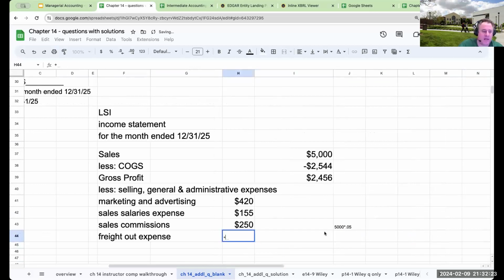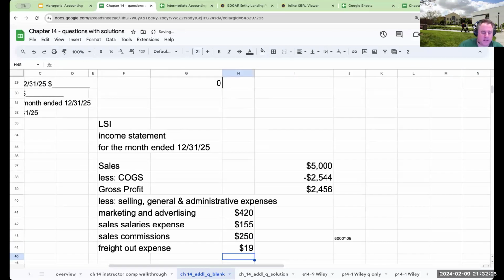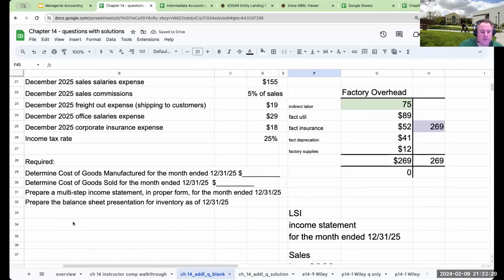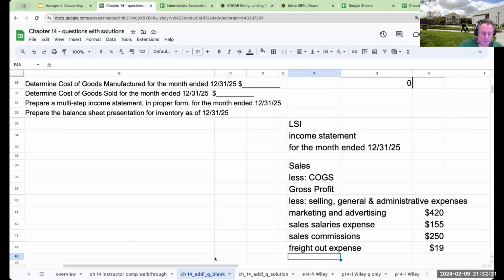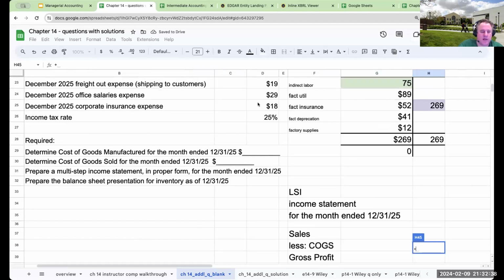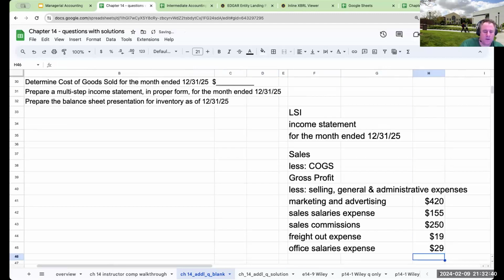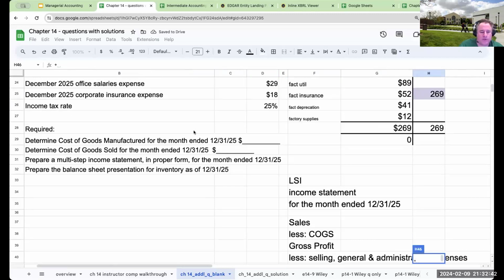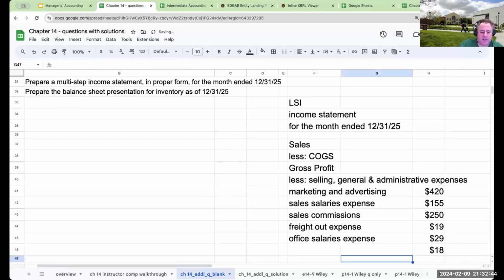My freight out expense is at 19. My next one over here is going to be my office salaries expense. My office salaries expense is at 29. And then my corporate insurance expense is going to be at 18.